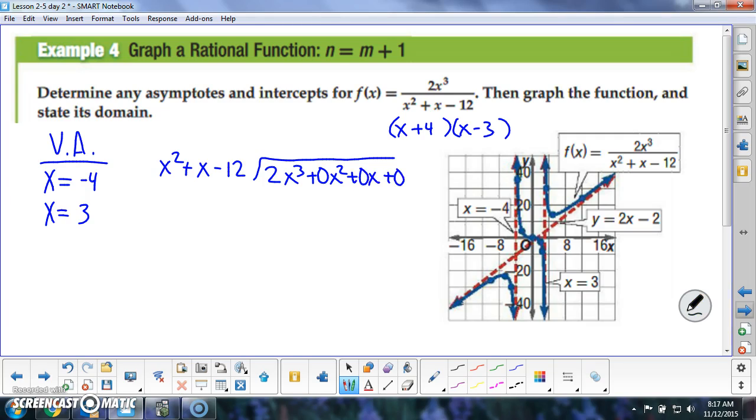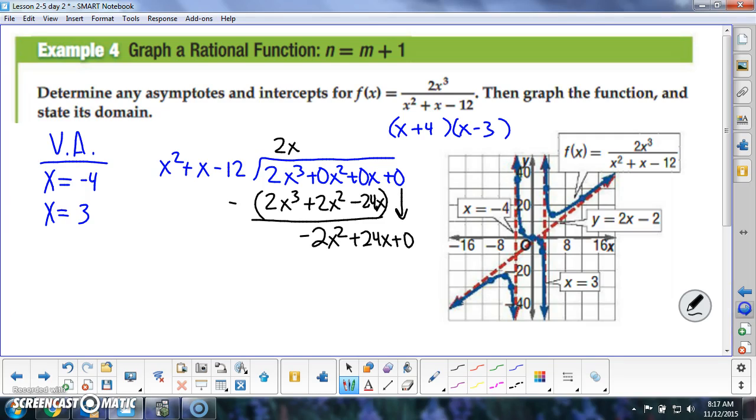And so now I type a 2x up here. 2x times each of these would give us 2x to the third, 2x squared minus 24x. Subtract the bottom values from the top, and we're going to get a -2x squared plus 24x, and then bring down the next term of 0.